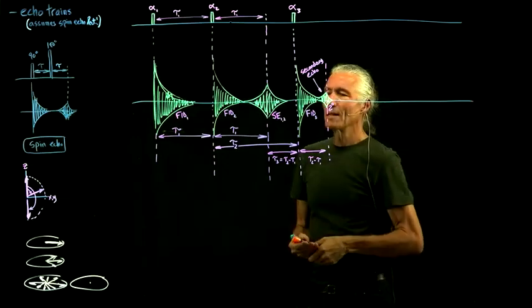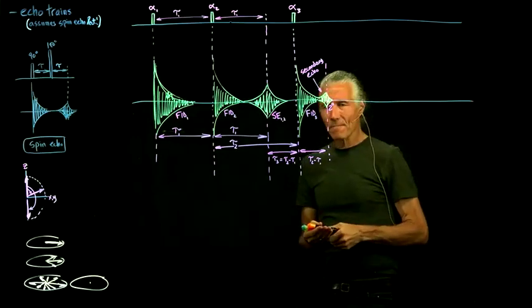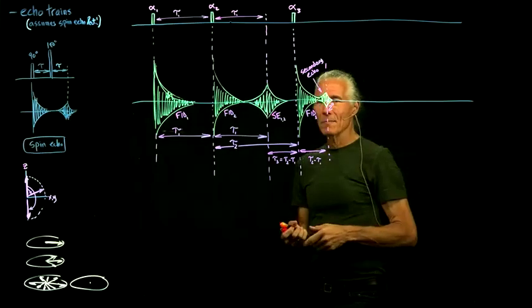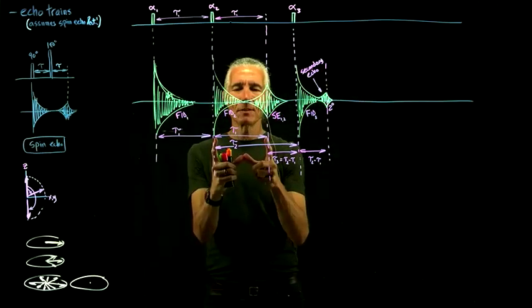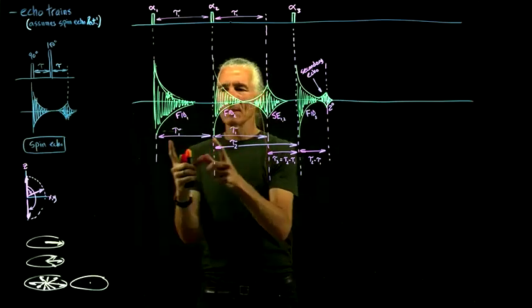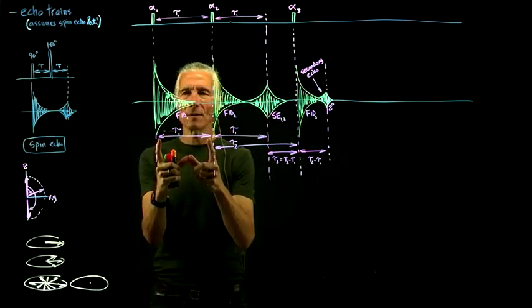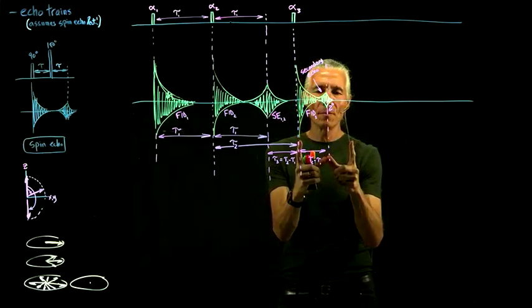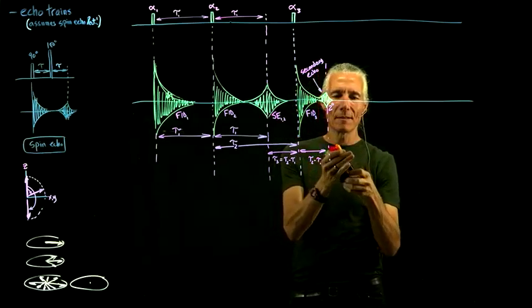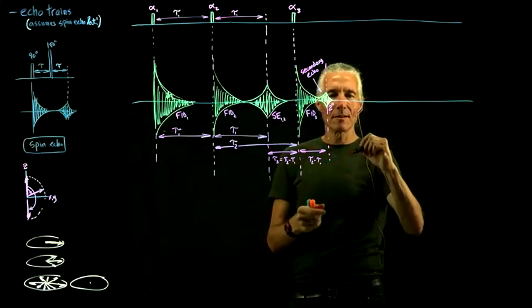This one occurs at a time tau 1 after the third pulse. So here's tau 1, the spacing between the first 2 pulses. That amount of time after the third pulse, right here.